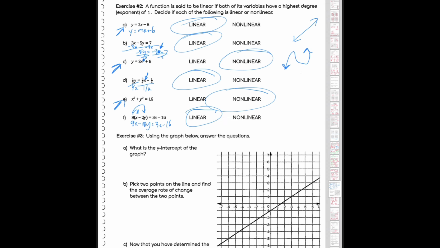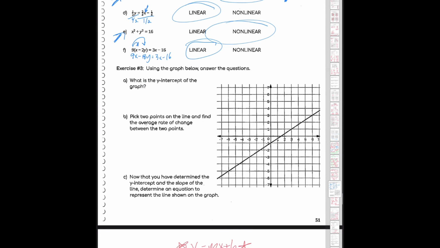Now, onto the picture of the graph down here. So now we're going to have to identify these things we were talking about. So the y-intercept of this graph, again, is where the graph or the line function crosses the y-axis. Here is the y-intercept. This would be (0, -1).